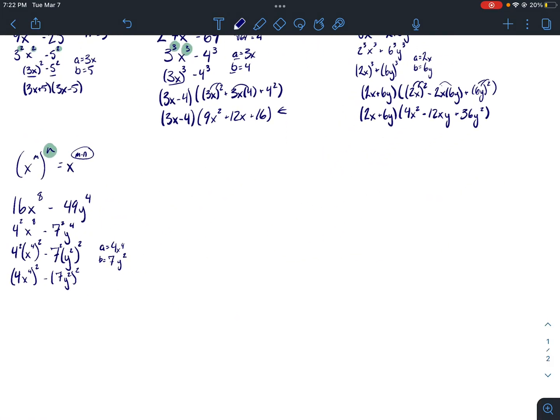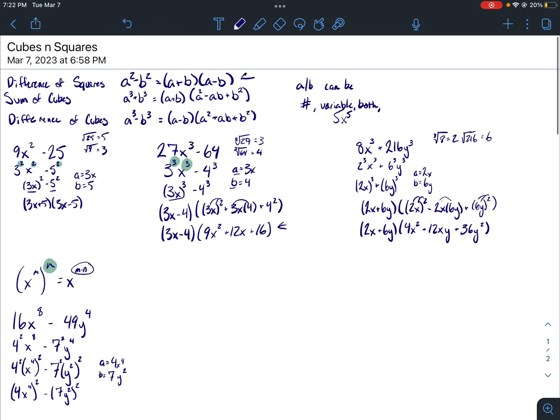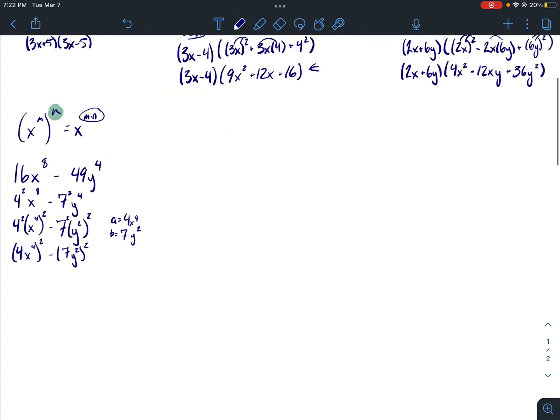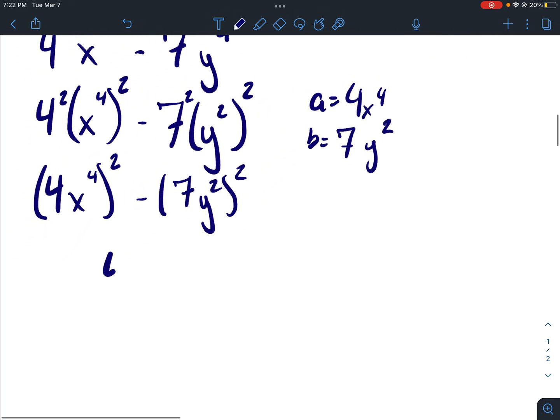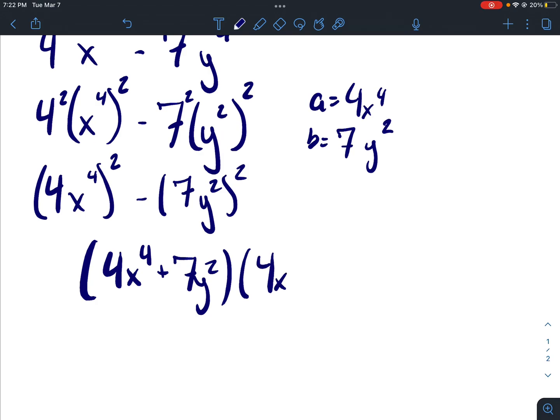And I have a difference of squares problem. I'm going to use our top formula. So a plus b, a minus b. So 4x to the 4th plus 7y squared, 4x to the 4th minus 7y squared.